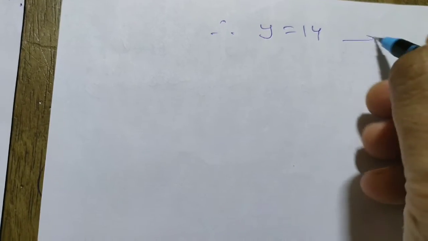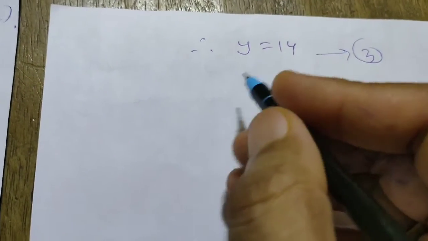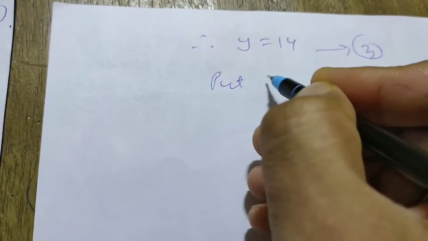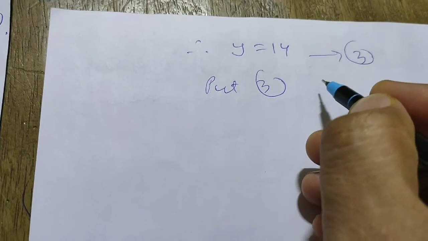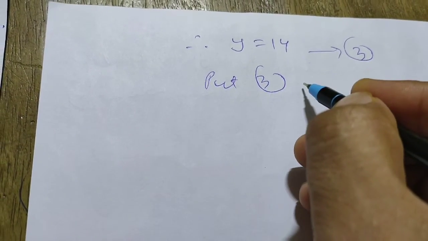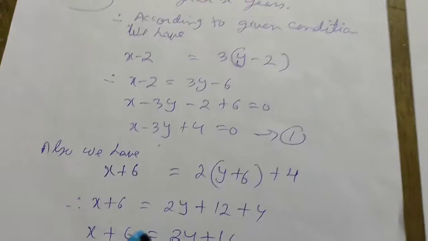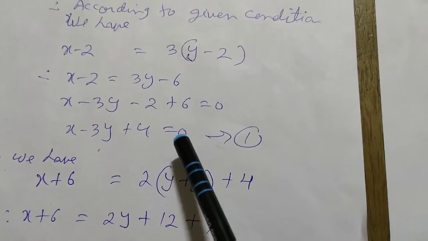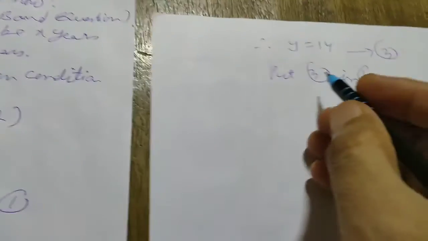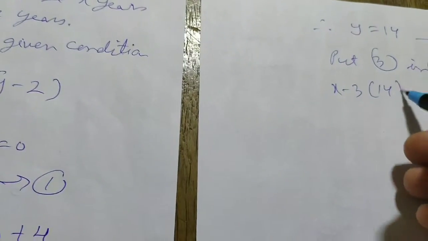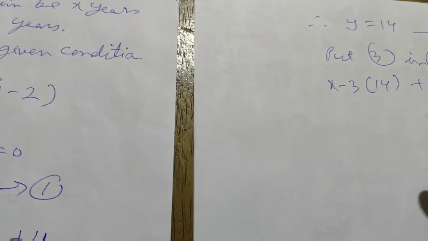Now y equal to 14, let it be third one. So we'll put 3 in 1. You can put in 1 or in 2. So put 3 in 1. What is 1? x minus 3y plus 4 equal to 0. So x minus 3, y is 14, plus 4 equal to 0.